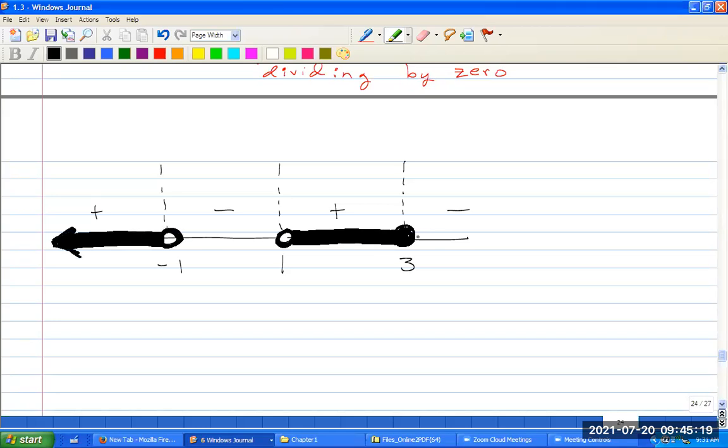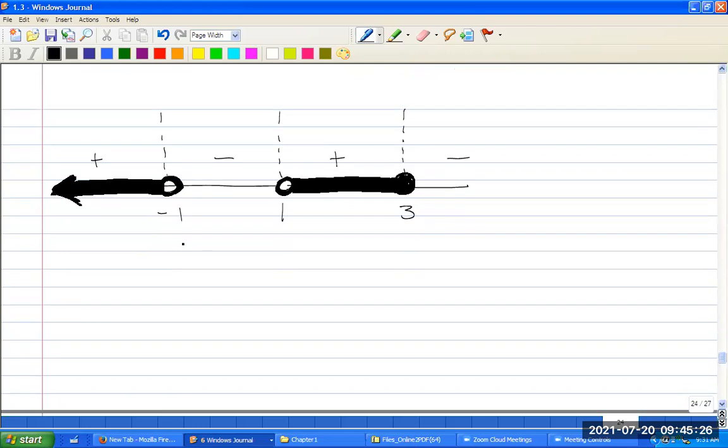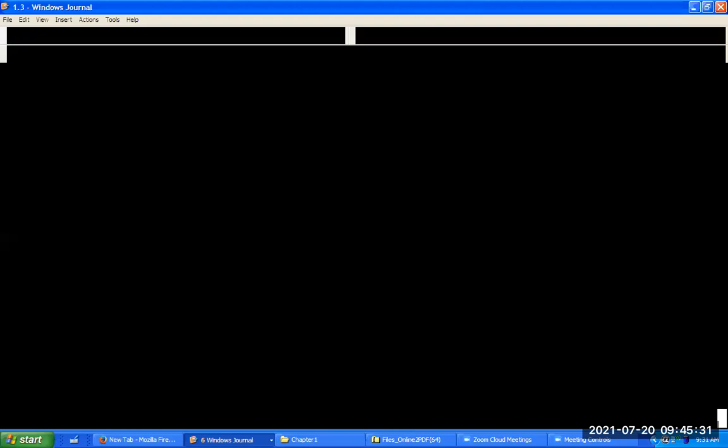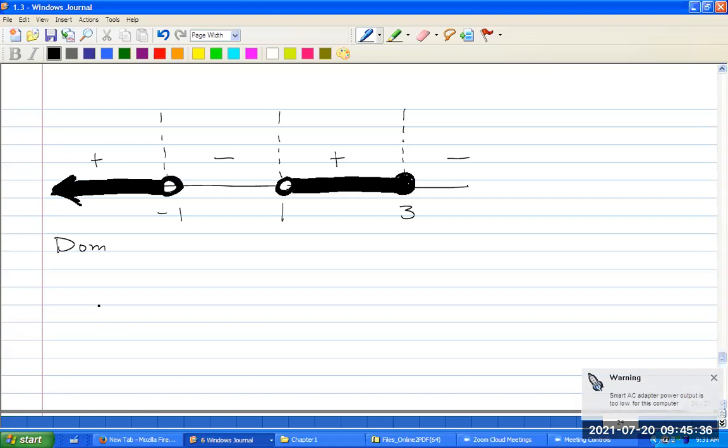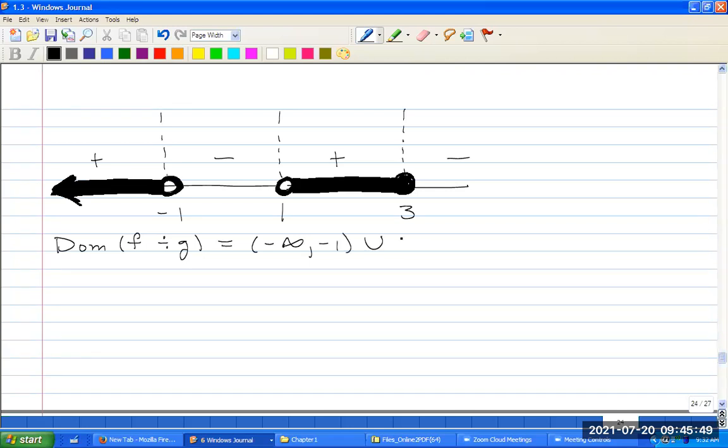And so the domain of f divided by g is the union of the open interval -infinity to -1, union the half open, half closed interval from 1 to 3. And that's your domain.